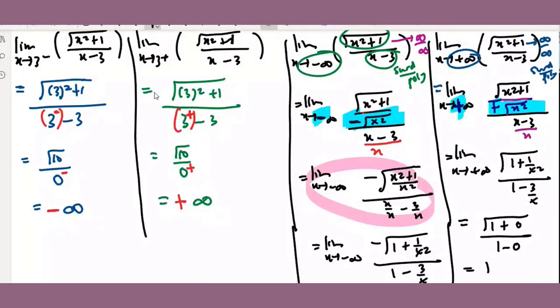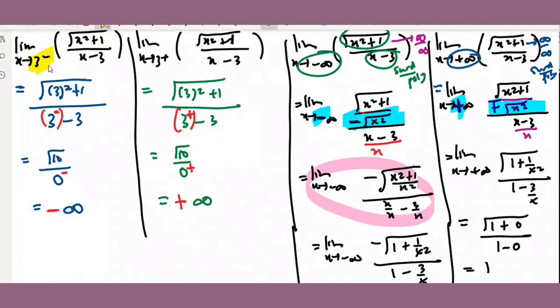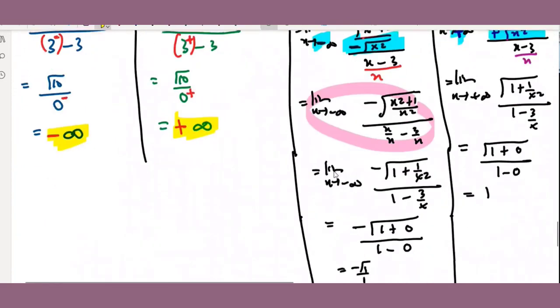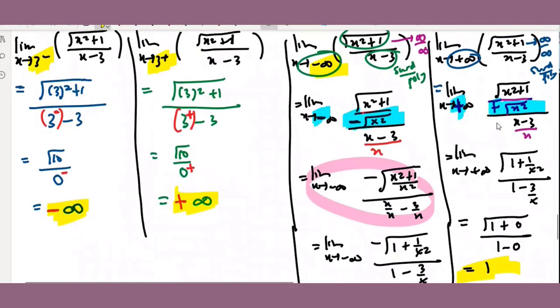And check whether that one is considered an asymptote or not. Check, this is the x value, y value. X value, y value. Y value, x value.